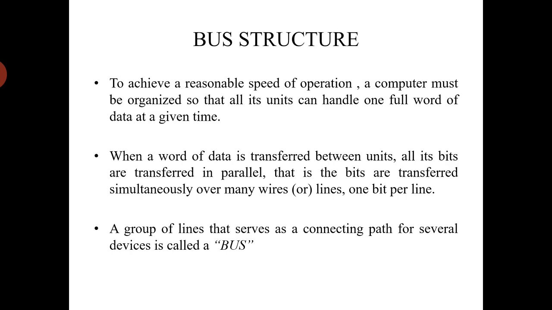Instead of transferring bit by bit, we transfer the bits in parallel, which increases the speed of operation. The bits are transferred simultaneously over many wires or lines, one bit per line, so to transfer a number of bits in parallel we have to use many wires or lines.